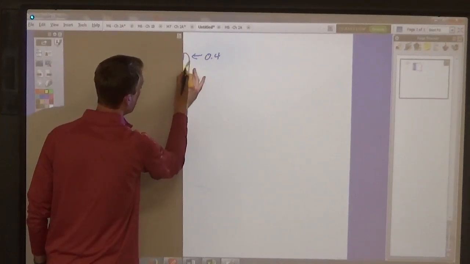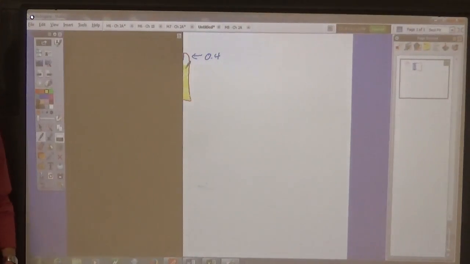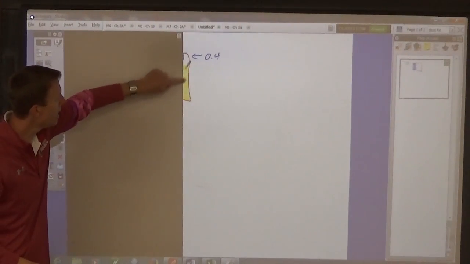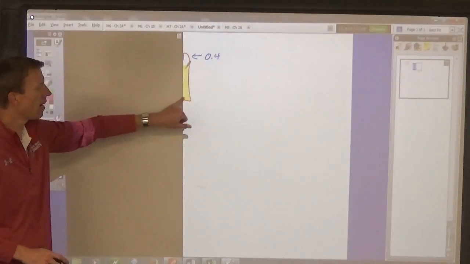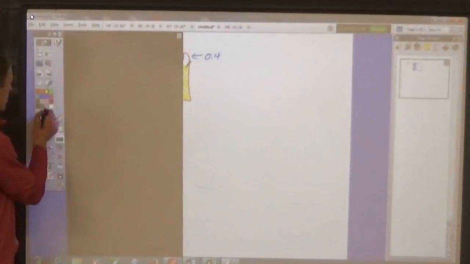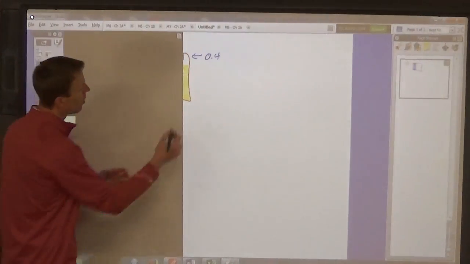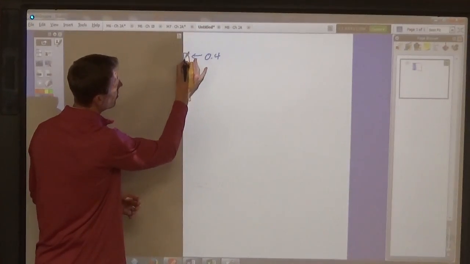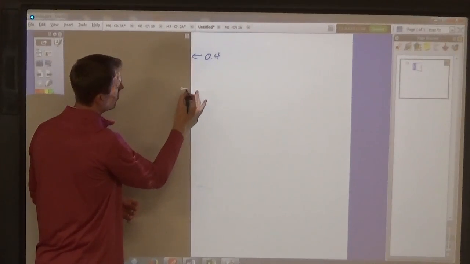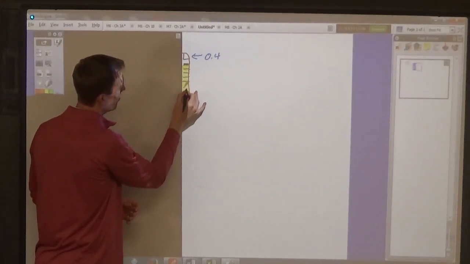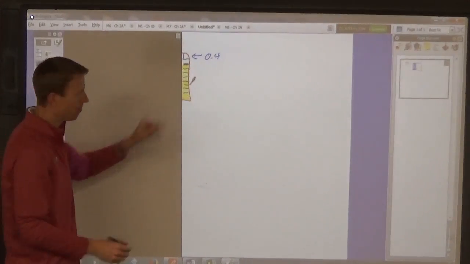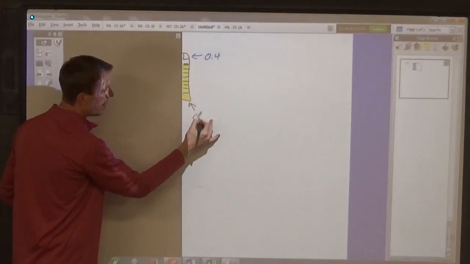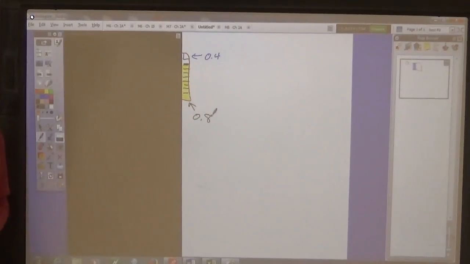If you cover up all but one column, you can see that 8/10 are shaded. Does everybody see that? Yeah. So these are tenths. And 8 of them are shaded, right? So that represents 8/10. Okay?